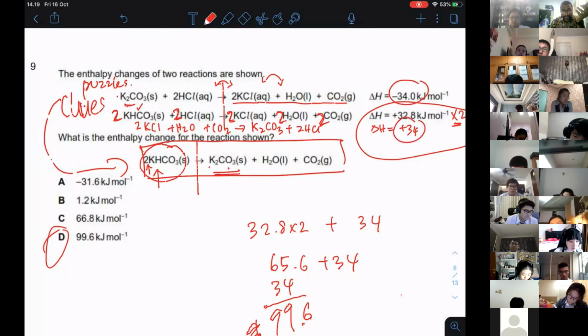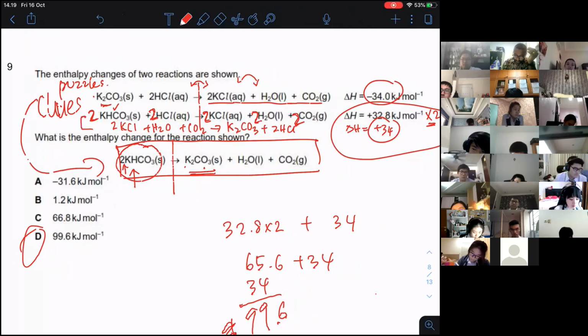Why did you flip it? Because I want to make sure my K2CO3 is on my right hand side of the equation. Because here they are in the reactant part. I need to make sure that this one becomes product. So you need to flip it.